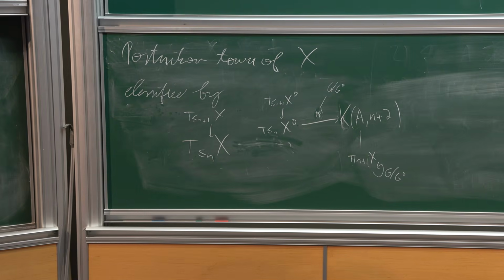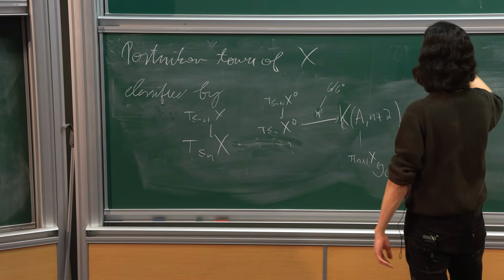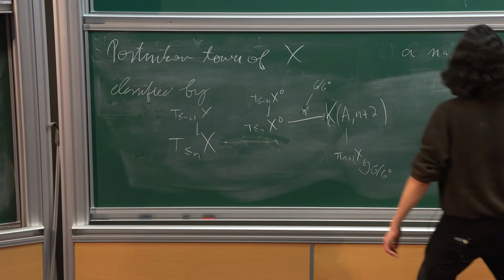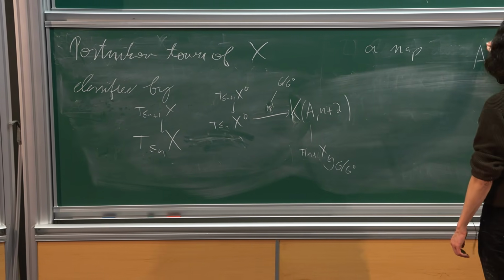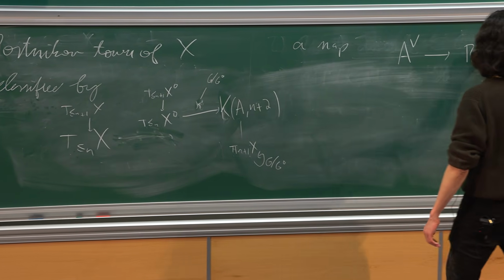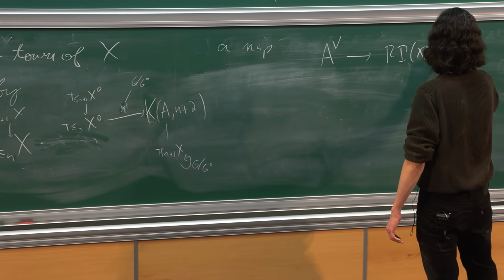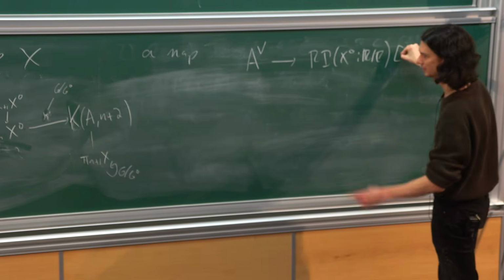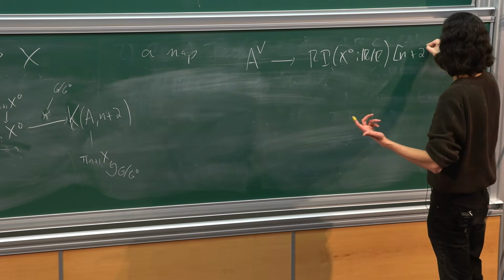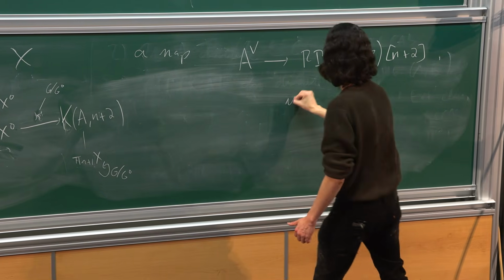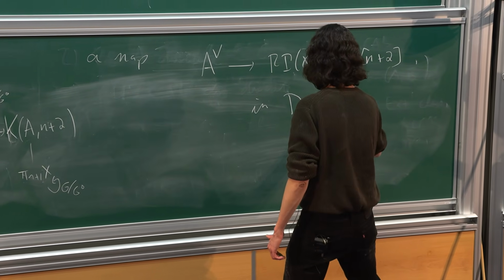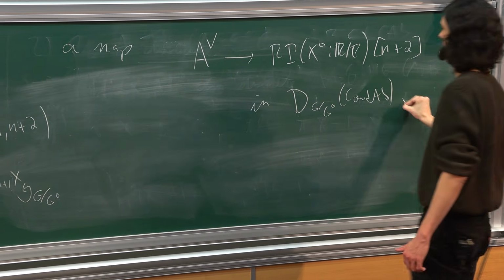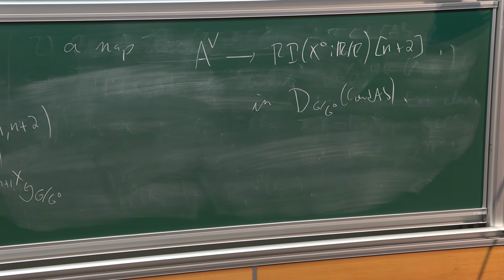So in other words, it's classified by a map from A dual to R gamma X naught R mod Z shifted by n plus 2 in this equivariant derived category for this profinite group. Truncation?